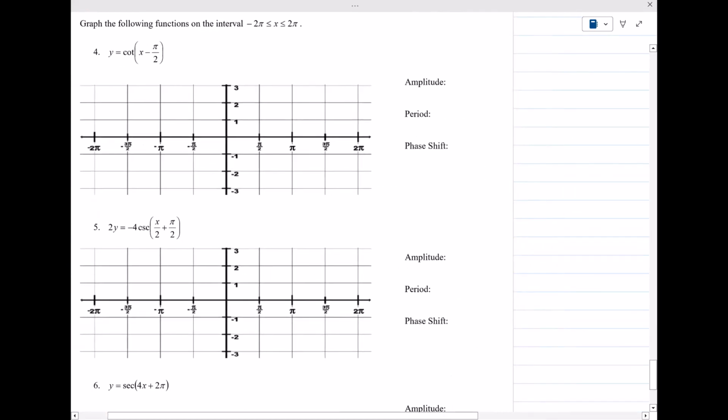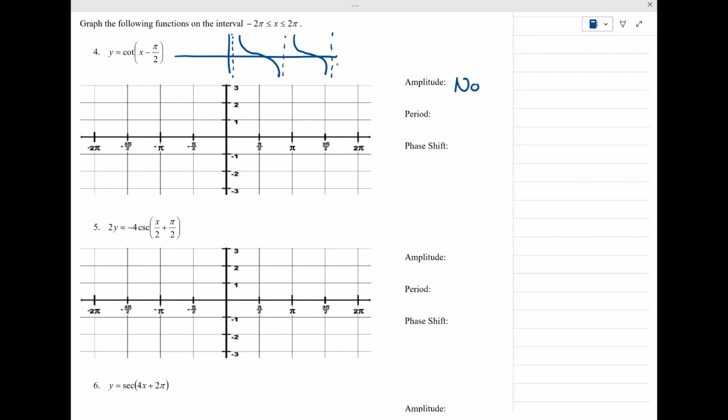Cotangent. If you remember what the graph of cotangent looks like, cotangent starts undefined, and then it goes like this. So the amplitude, we're going to say none.